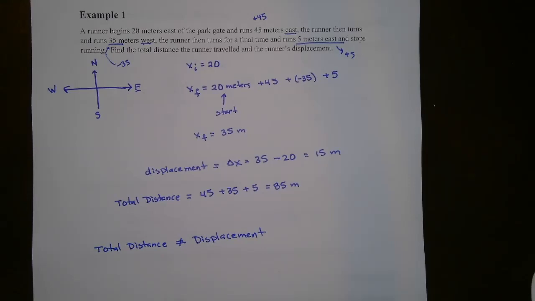And the answer would be 0. What? Why? Here's why. Where did you start at? You started at the same position you ended at, right? That would mean that when you take the x of f minus x of i, they would both be the same and you would get 0. So your displacement for your lifetime would be 0 if you were born and died in the same hospital.